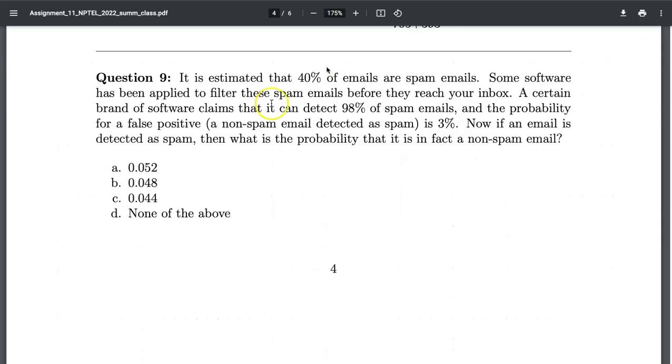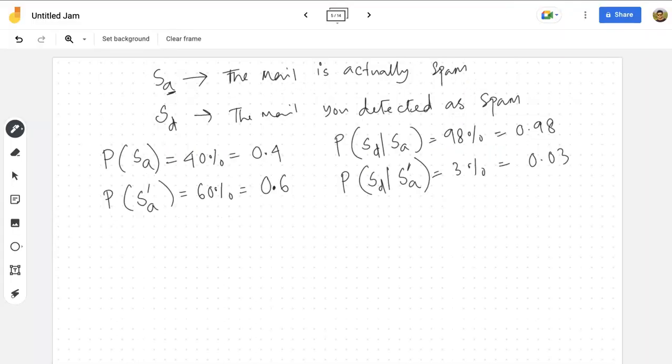Now they are asking what is the probability that an email is detected as spam, but it is actually not spam. So you detected it as spam, but it is actually not spam.